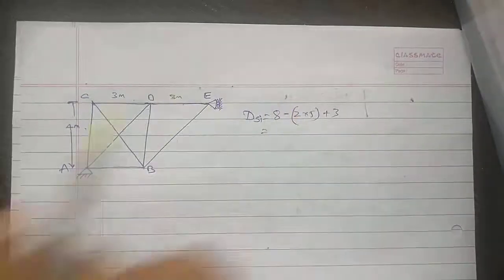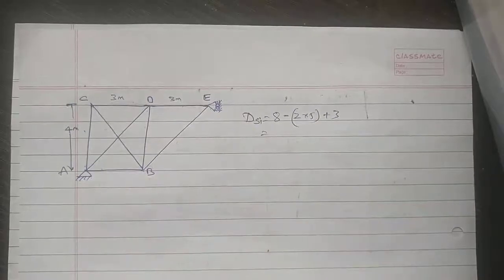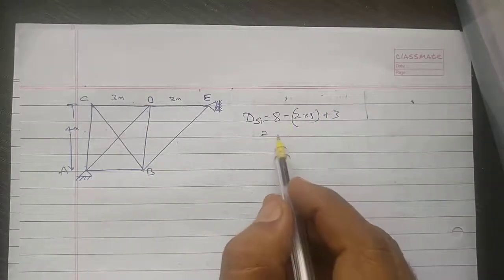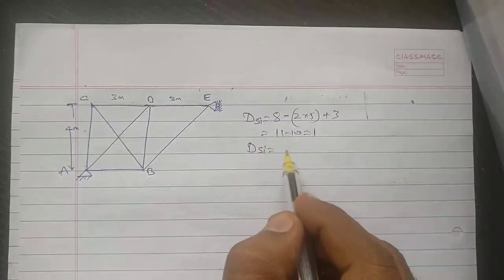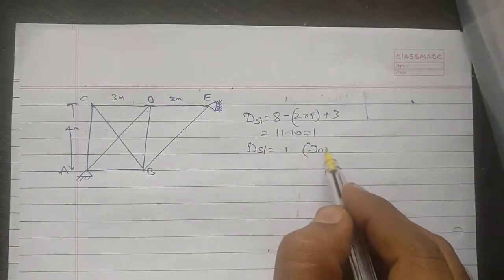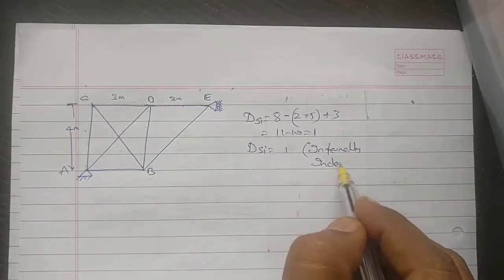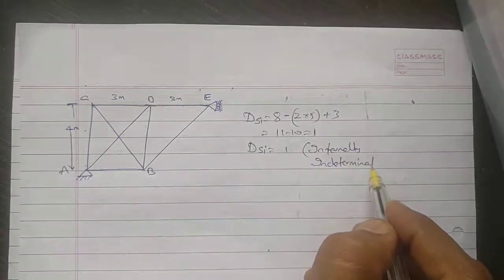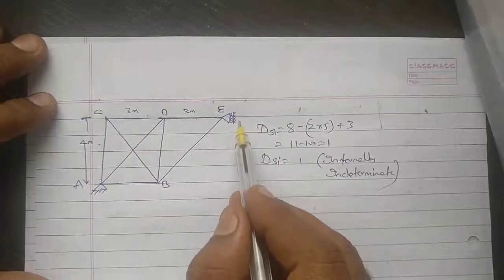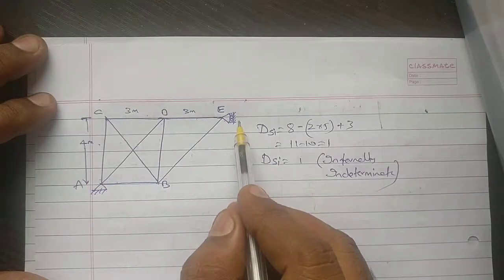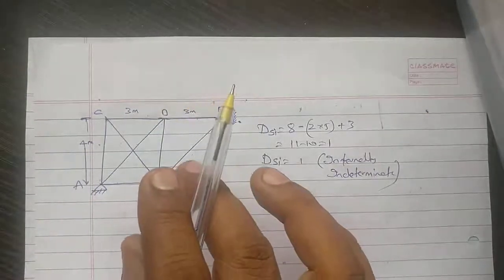So you have 8 plus 3, 11, minus 10, 1. You have 1 internally indeterminate structure. Externally, we can see one hinge support and one roller support is there. Therefore 2 plus 1, 3, 3 minus 3 will become external indeterminacy is 0 here.